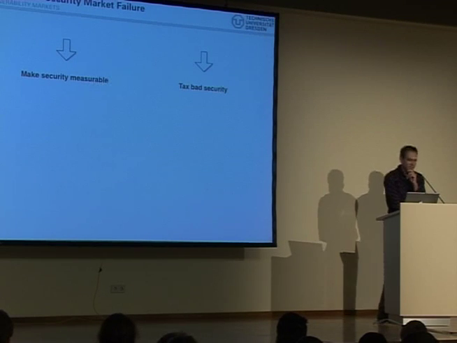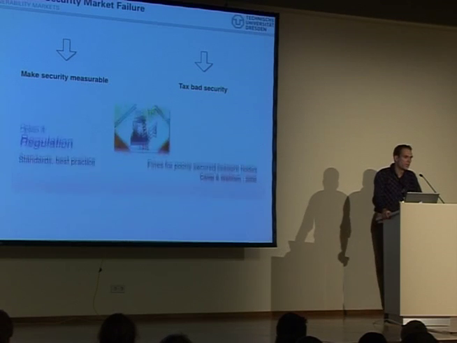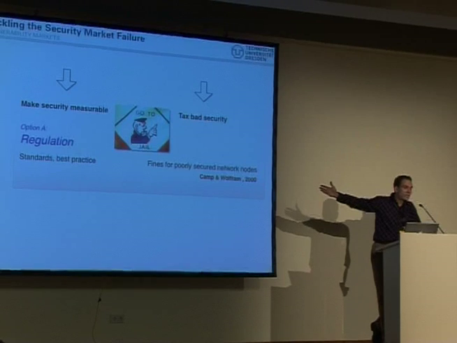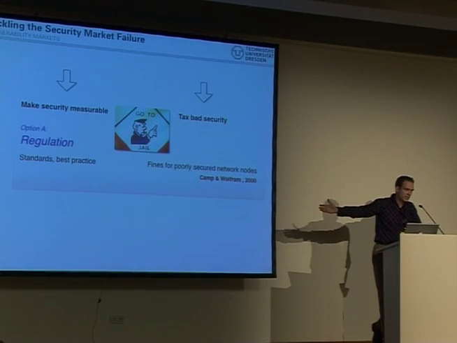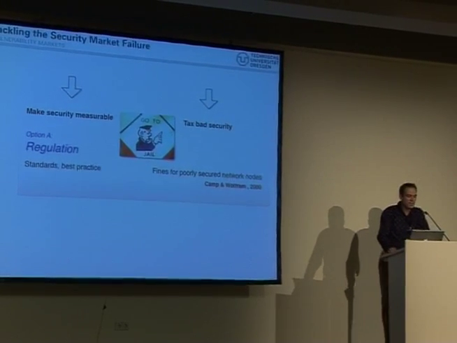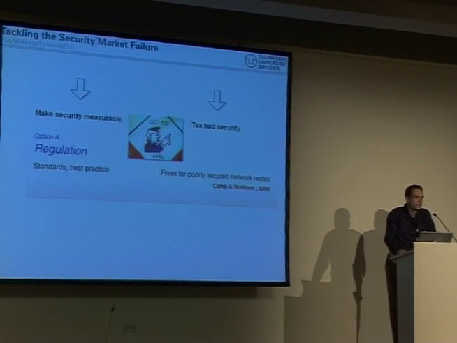The first is regulation. So it means on the one side to implement standards, to implement best practices, and on the other side, on the taxing-backed security, it basically means you should pass a law that fines poorly secured network nodes.